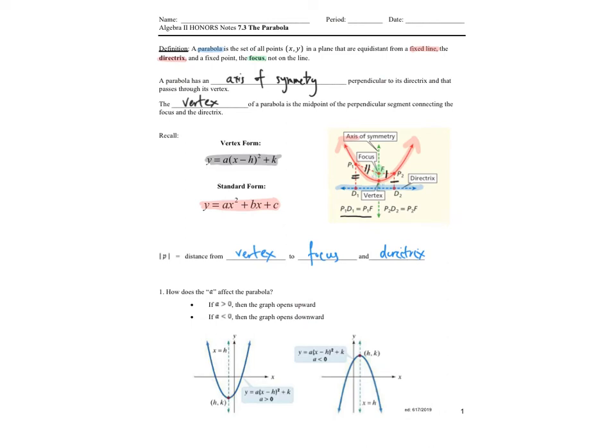Let's remember, in standard form, that coefficient A of the x squared term controls whether or not the parabola opens upwards, like this, if A is positive, or downwards, like this, if A is negative.